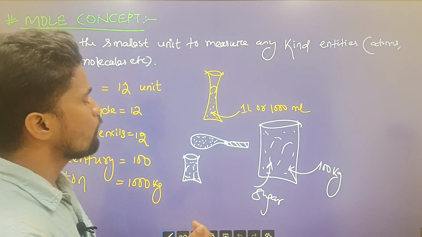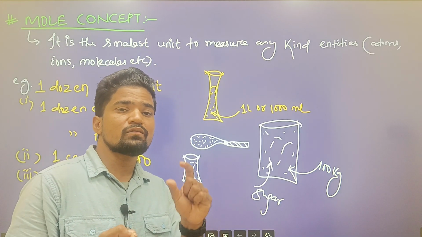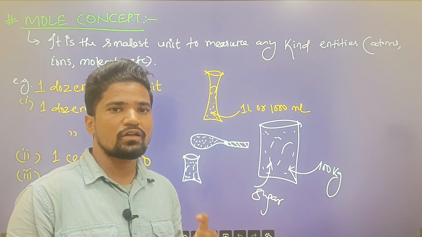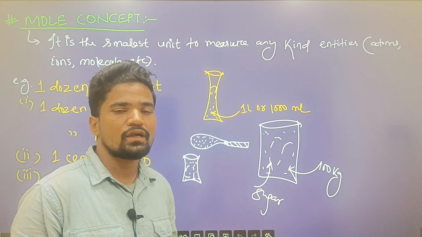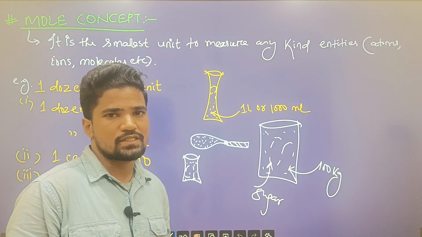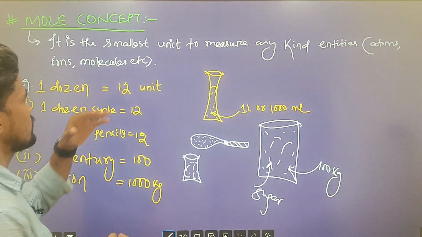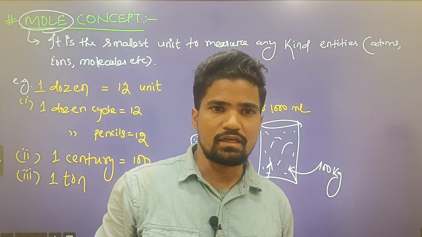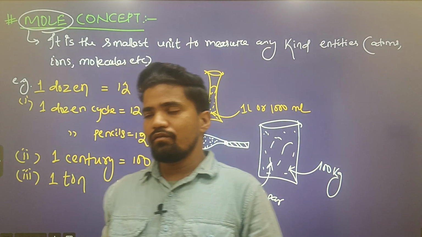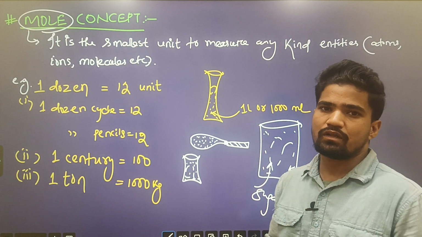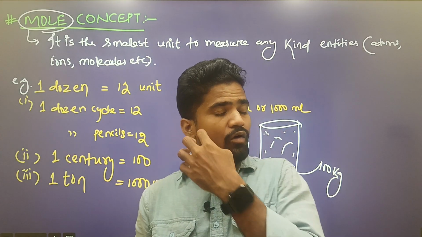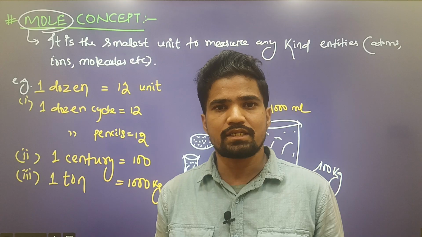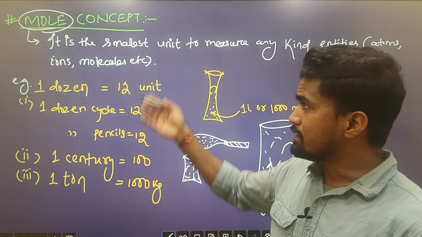Similarly, mole is also a unit, like 1 dozen means 12, century means 100, ton means 1000 kg, 1 liter means 1000 ml, 500 gram means half kg. Yes or no? So similarly 1 mole. What is the value of 1 mole exactly? For example, if anybody asks how many oxygen molecules we inhale per second, it is very difficult to answer. Yes or no? That is why there is a concept called mole.